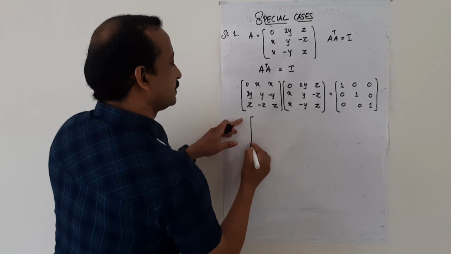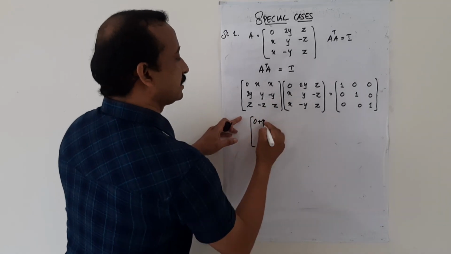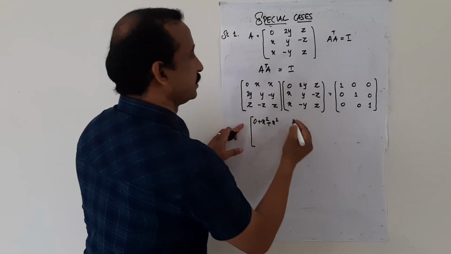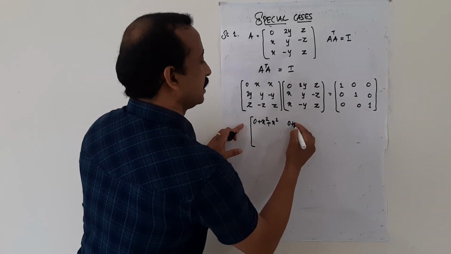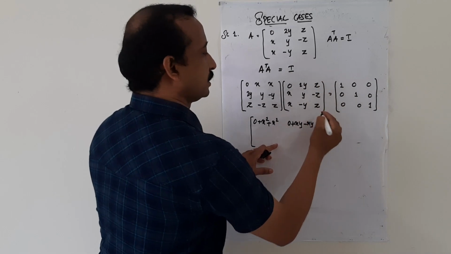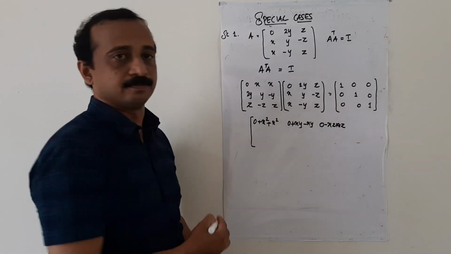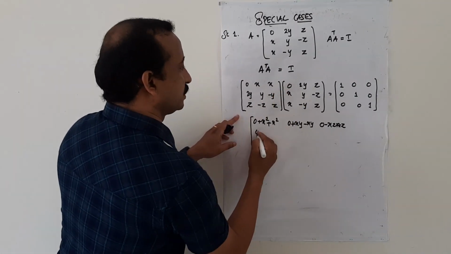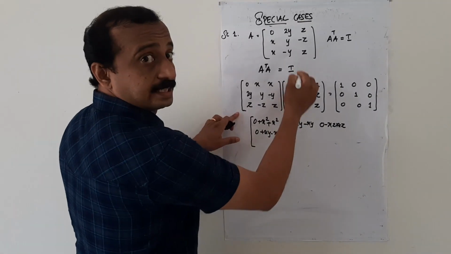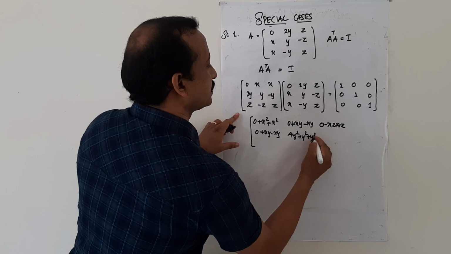Now using matrix multiplication, first row, first column: 0 into 0 plus x into x plus x into x. Then first row, second column: 0 into 2y plus x into y minus x into y. Then first row, third column: 0 into z minus xz plus xz. Similarly, second row, first column: 2y into 0 plus xy minus xy. Then second row, second column: 4y square plus y square plus y square.